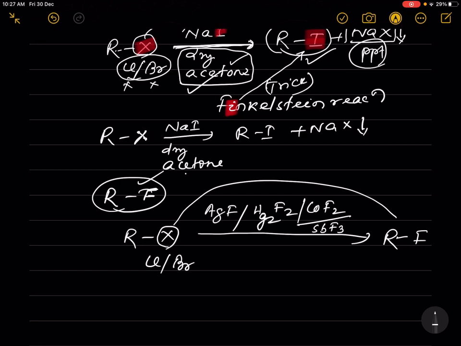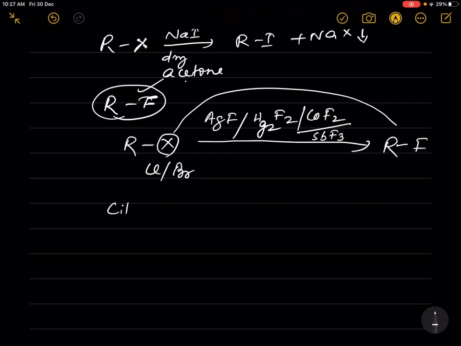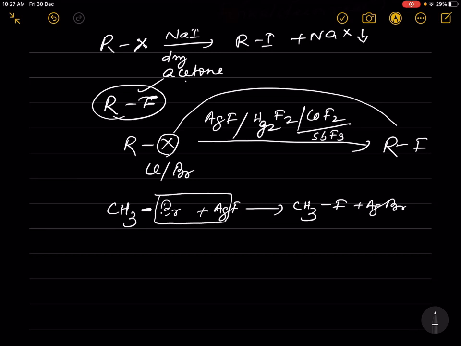Here one example can be taken, CH3Br treated with silver fluoride gives CH3F plus AgBr, and this reaction is known as the Swarts reaction.